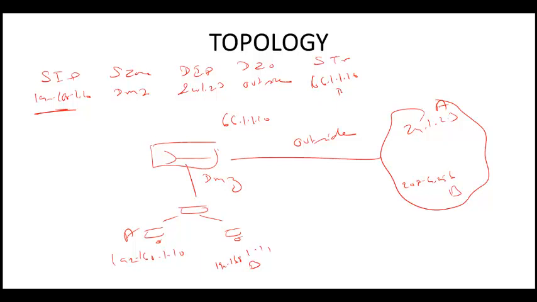And now, same way for 1.11, the destination for 1.11 is 208.4.5.6, and the zone is the same, outside, and this is the same. Bidirectional is enabled.